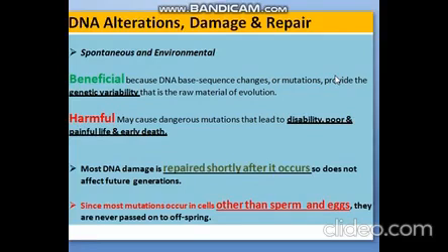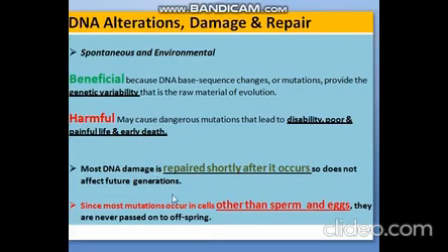Most of the DNA damage is repaired shortly after it occurs because of the proofreading activity. As I told you earlier, the polymerase enzyme has 3 to 5 prime exonuclease activity. For example, if by chance any nucleotide is attached wrongly, this nucleotide can be removed by the process of proofreading.